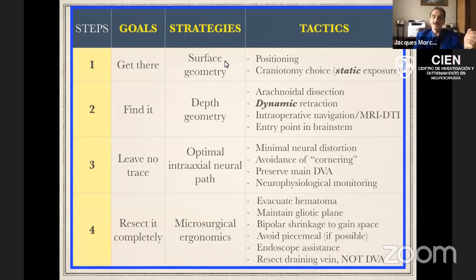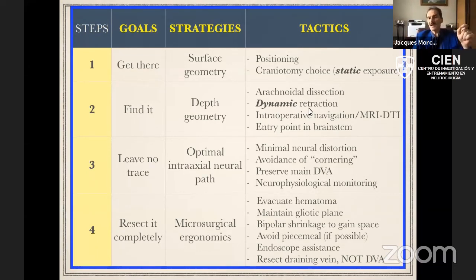To get there, to understand surface geometry, how do you apply this tactic-wise? It is positioning of the patient and craniotomy choice. But I remind you, the choice of craniotomy only gives you static exposure. To get dynamic exposure is the second step, so-called dynamic retraction.